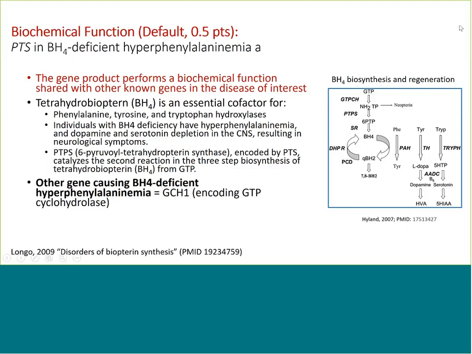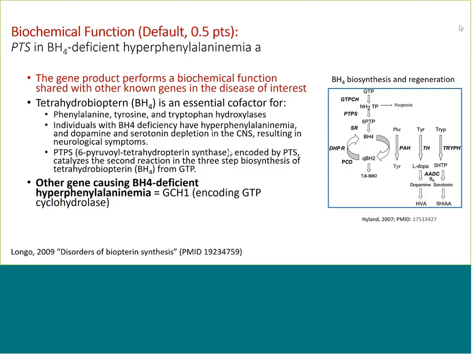Of interest, the first gene deficiency is the GTPCH enzyme, which is encoded by GCH1. Deficiency of this enzyme also causes the same biochemical phenotype and also similar clinical symptoms as well.